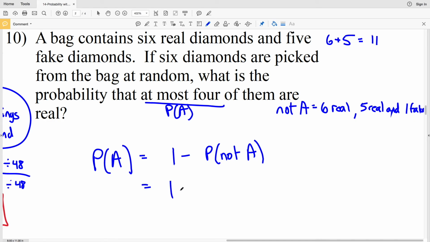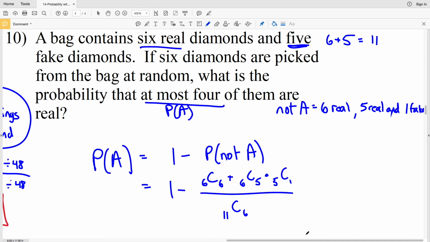So we're going to have 1 minus the different combinations of real, 6 choose 6, since there's 6 real diamonds, plus 6 choose 5 times 5 choose 1. And that's all over the different combinations of choosing 6 out of the 11 diamonds.